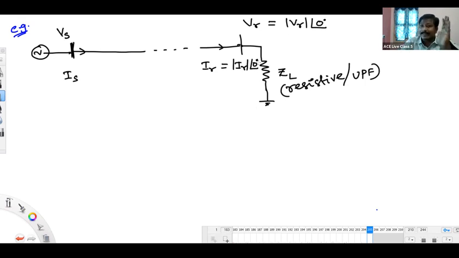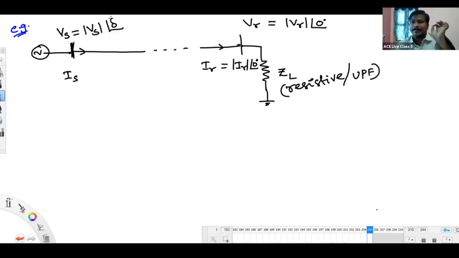Receiving end side over. Let's move to the sending end side. Generally, as a notation, we have some phase angle between the sending end voltage and the receiving end voltage. That is delta, which we have taken earlier. So I can write the sending end voltage as mod Vs at an angle delta.